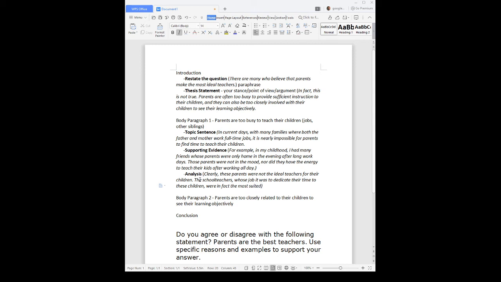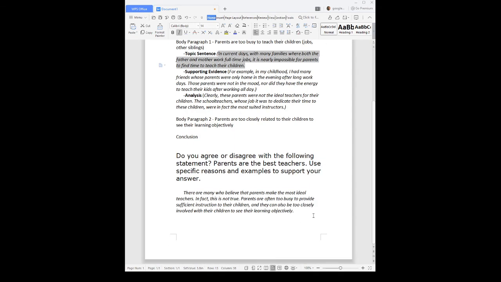Suited is like ideal or fitting. Most suited instructors. Synonyms. Work on knowing synonyms. Synonyms are always good. We're in the most suited instructors for them. Or just the most suited instructors. Booyah! Okay. And then that's more or less going to be our first body paragraph. How easy is that? Right?